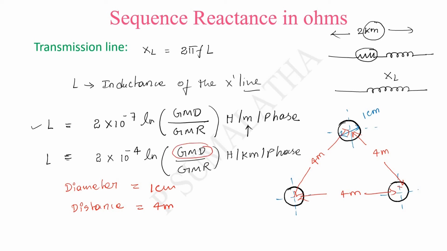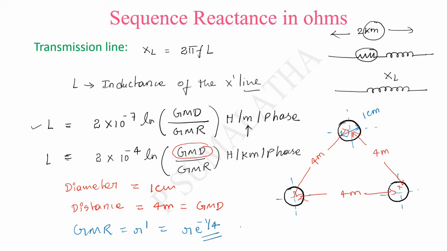Now, what is meant by the geometric mean distance? It is nothing but the distance between the conductors. So the distance we have taken here is equal to the geometric mean distance. And what is the GMR? The geometric mean radius is R dash, which is equal to R into e power minus 1 by 4.